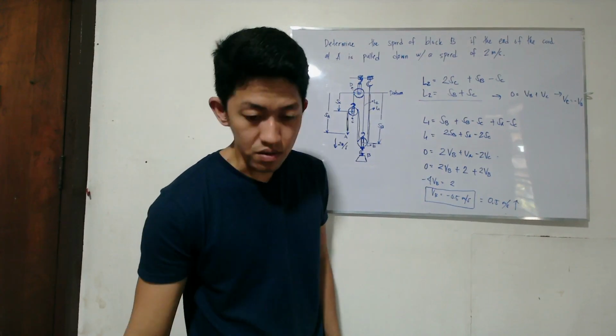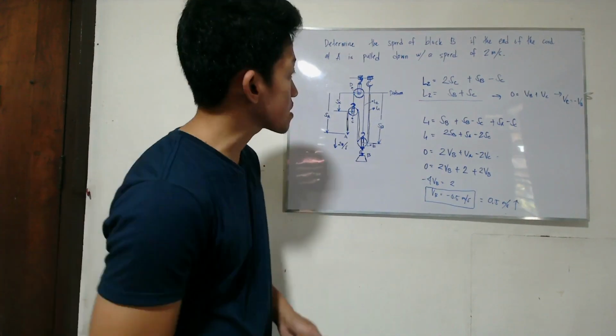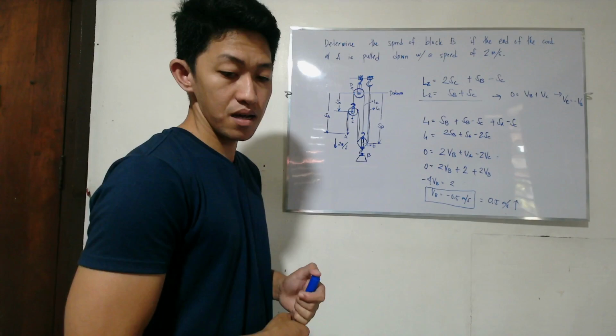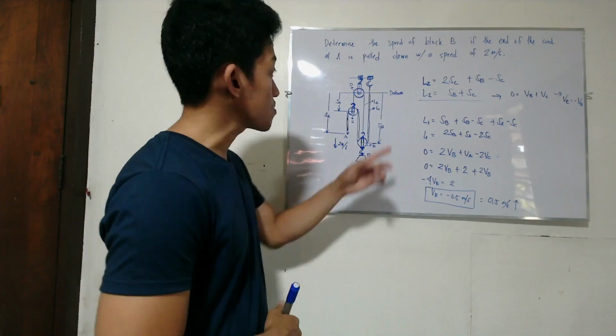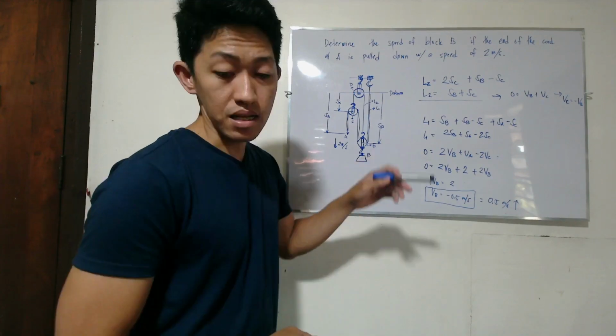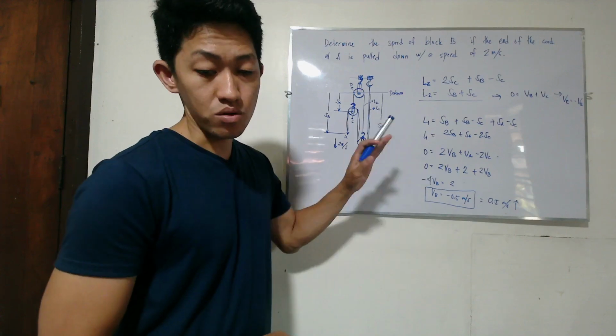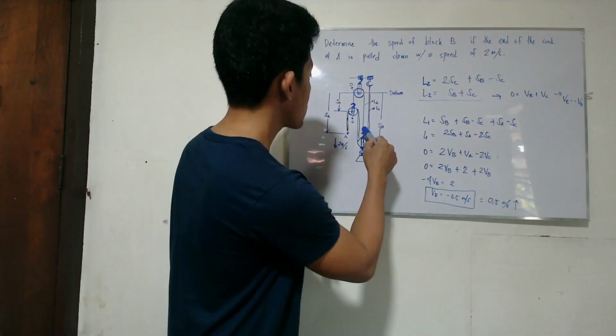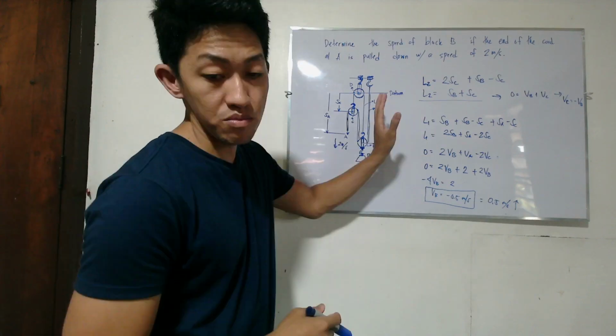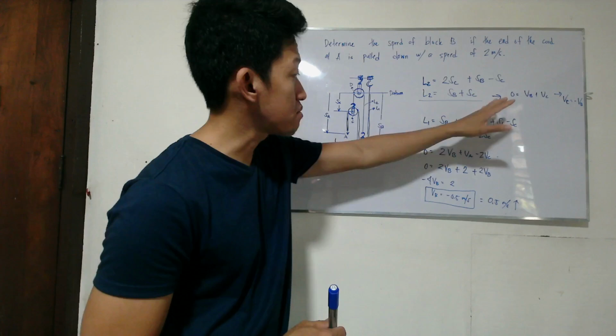Let's repeat the process. You get the total length of the two ropes: this is rope 1 and rope 2 is this one. Then you differentiate to get the velocity.